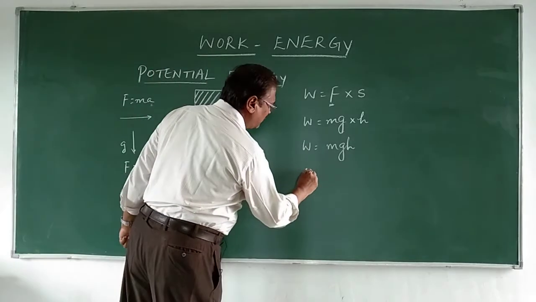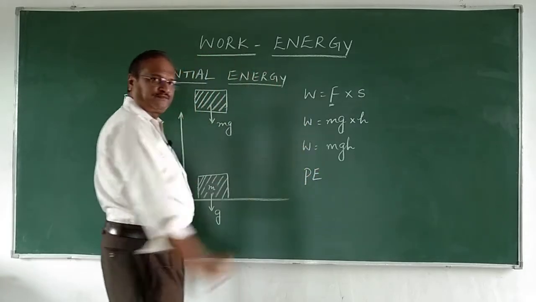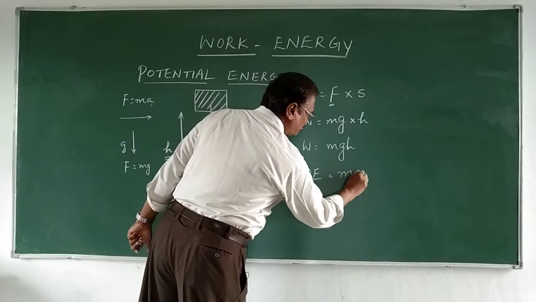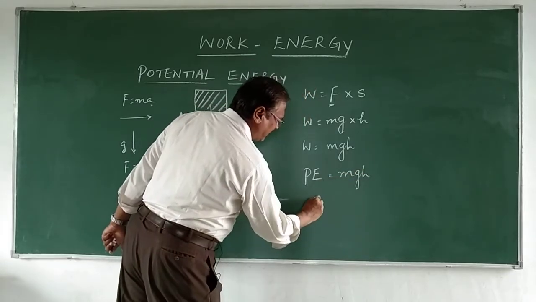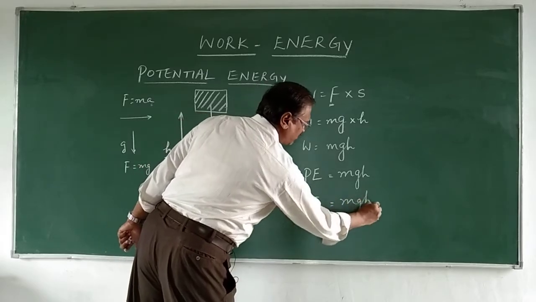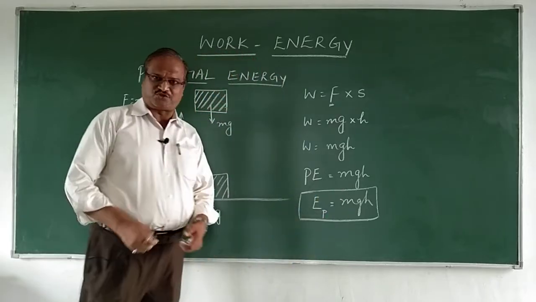Now this work is stored as potential energy. Potential energy is due to position, so mgh. So we can simply write energy EP is equal to mgh, and this is the formula for potential energy.